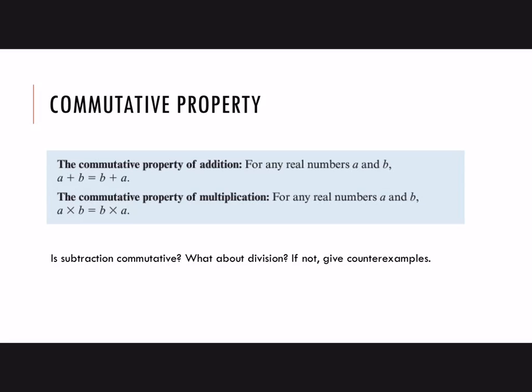The next property is the commutative property. And we actually have two of these. There's one for addition and one for multiplication. And you may be wondering, why do we keep focusing on addition and multiplication? Because we're going to start ignoring some of the other ones. They're not in your textbook. And that is because addition and multiplication are the two operations for the real number system.